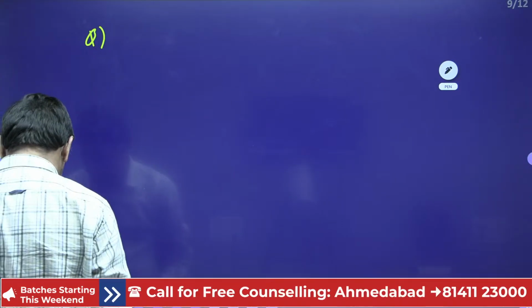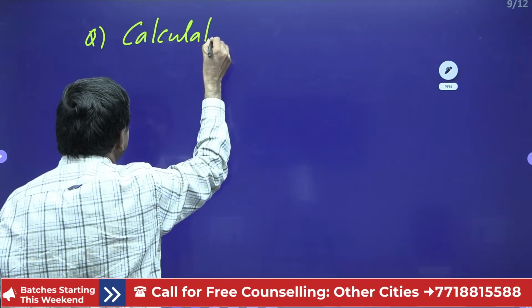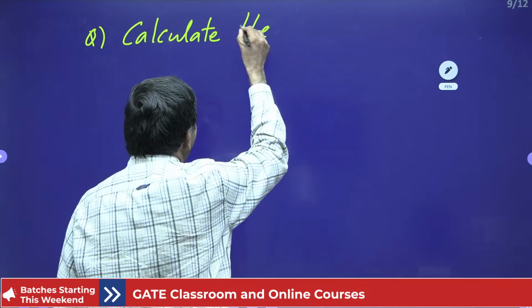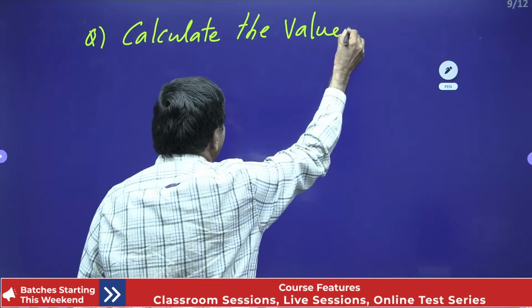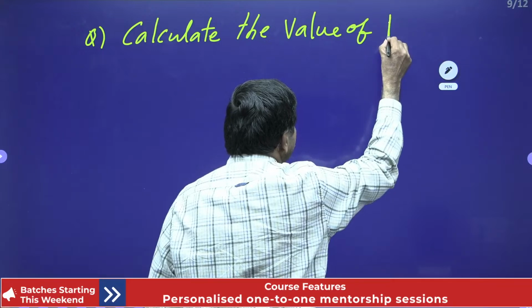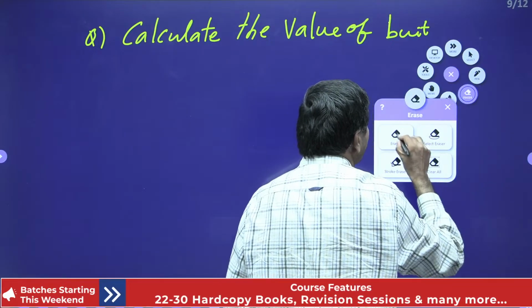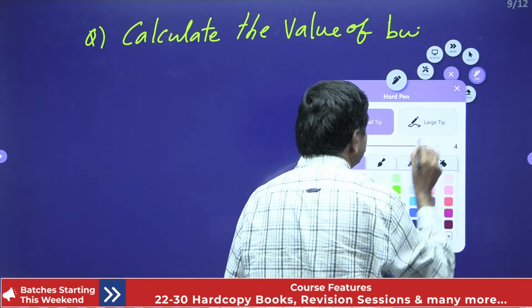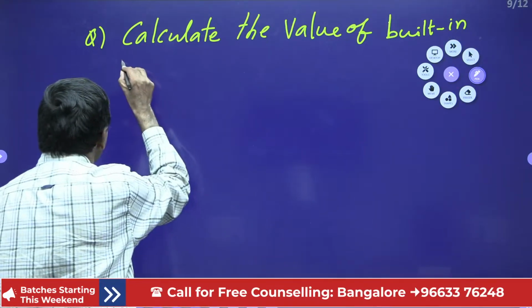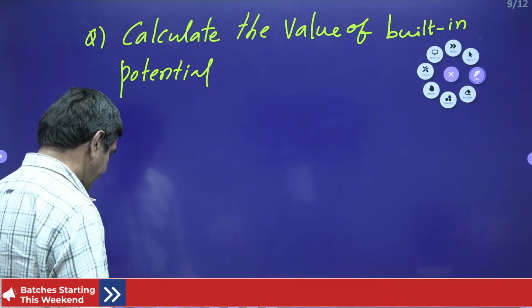Question: calculate the value of built-in potential, if Na, the acceptor concentration, is given.